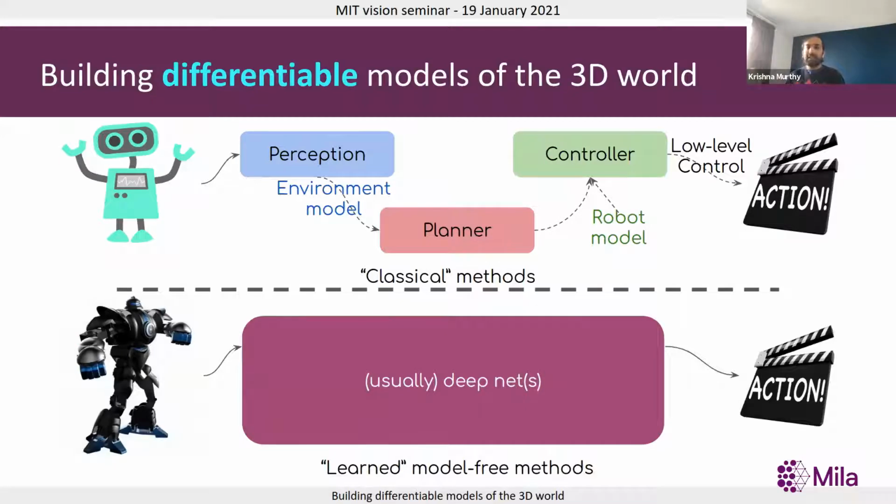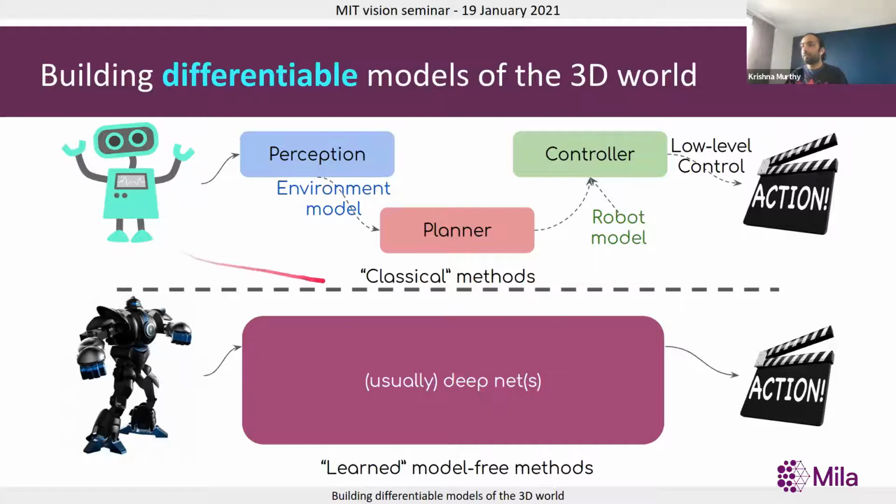If we look at how classical robotics or embodied agents have evolved, the classical robotics pipeline over the last 2 or 3 decades or even more, and still most industry pipelines, have a perception module, a planning module, and a controller. The perception module builds a model of the environment, which is fed to the planner. Then the planner generates a plan, and you have a low-level controller. And this is not a linear process. There can be a variety of feedback loops interacting in various ways.